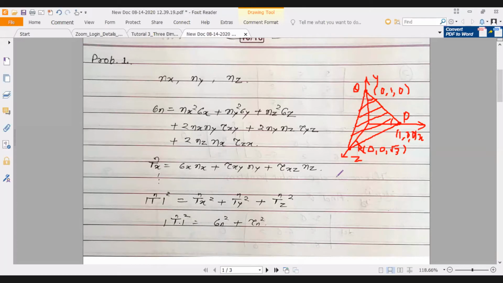You can calculate vector PQ and another vector, suppose I am taking this one. You can easily calculate it because these two coordinates are given to you. Just subtract them. Suppose you are going to calculate PQ, then what is PQ? Can anybody tell me?